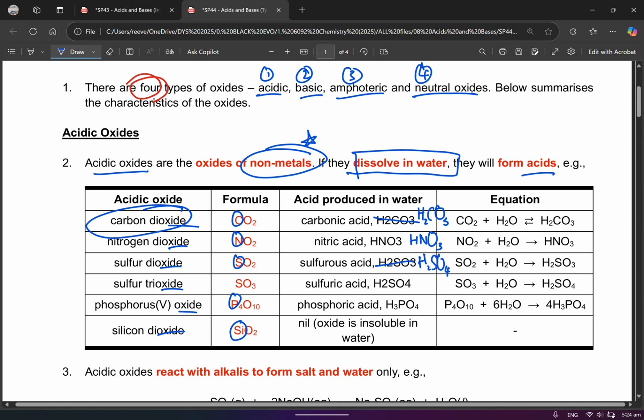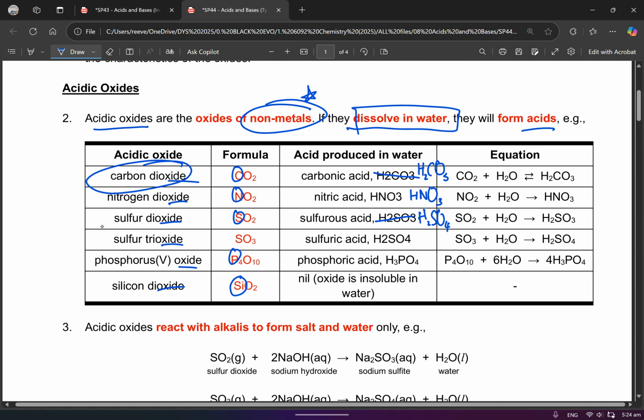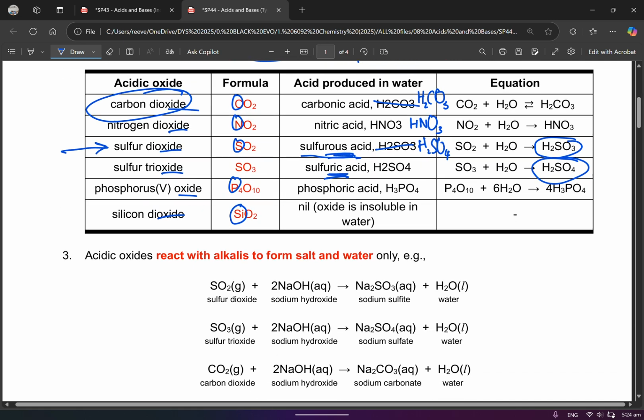So if you dissolve sulfur dioxide, I get sulfurous acid, not sulfuric acid. There's a difference between sulfurous acid and sulfuric acid. They are not the same. One is H2SO3, the other one is H2SO4. Okay, let's move on.